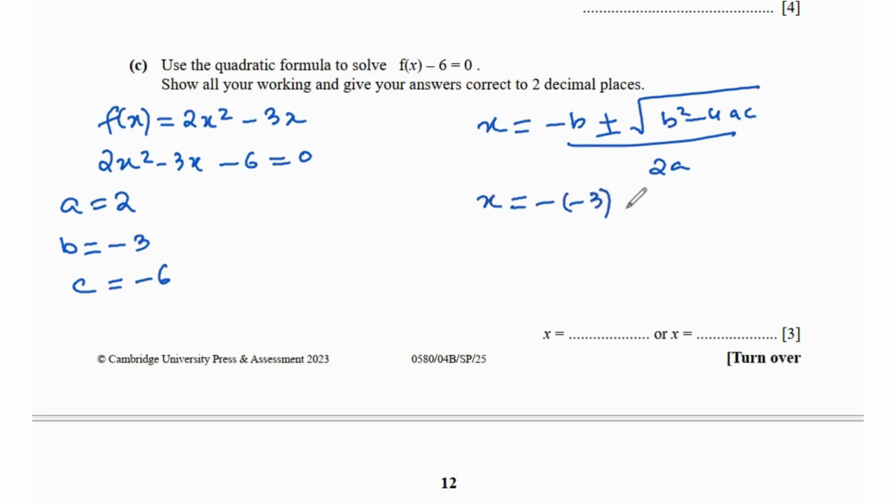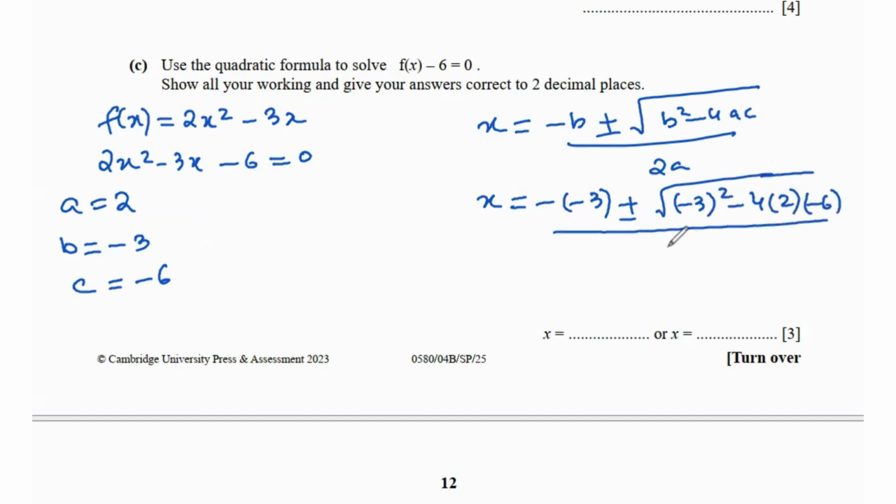Negative negative 3 plus or minus the square root of negative 3 squared minus 4 times 2 times negative 6, over 2 times 2. That's going to give us 3 plus or minus root of 51 over 4.